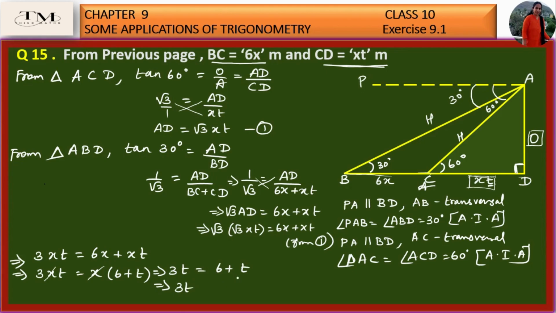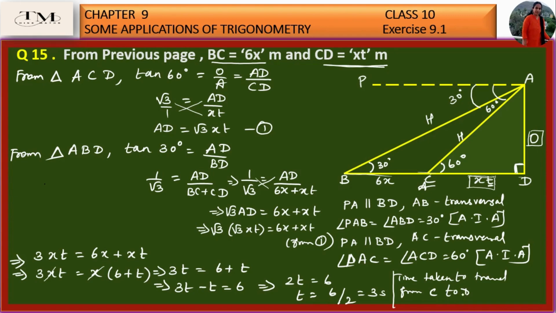We need t, so 3t minus t is 2t. 2t is equal to 6. So t will be equal to 6 by 2, which is 3. It means the time is 3 seconds. What is t? t is nothing but the time taken to travel from C to D. So the time taken to travel from C to D is equal to 3 seconds.